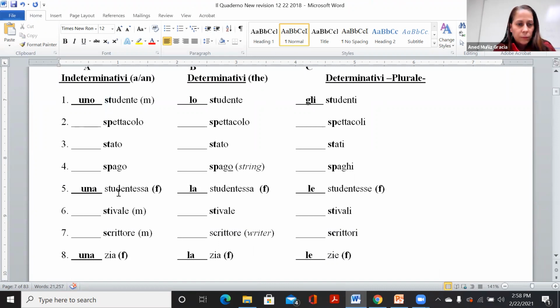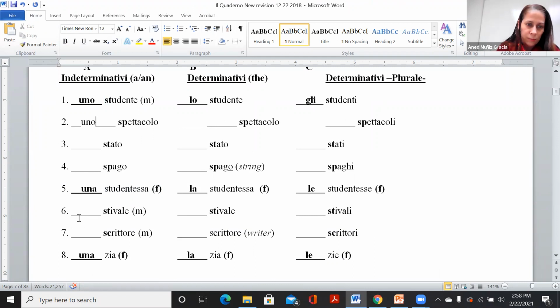But again, you don't have to do anything different if it's a feminine noun, right? It's still una, but masculine is uno, right? And then here, determinativi is going to be lo or la, this second column, lo or la, and then the plurals, li or le, right?